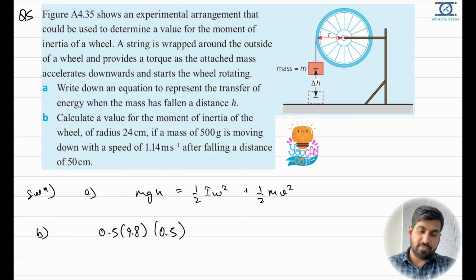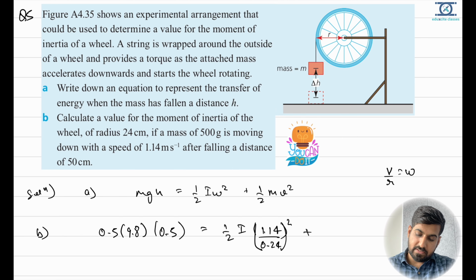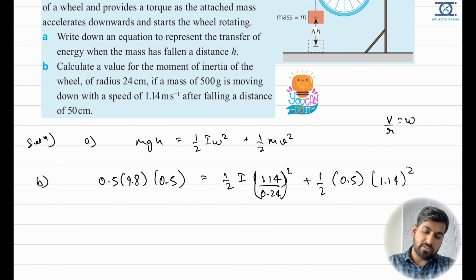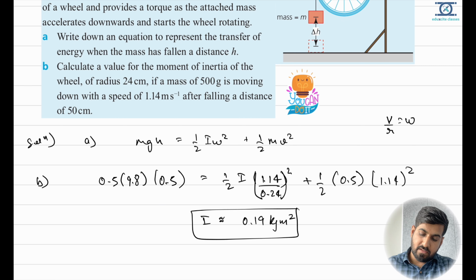So this is the whole square, plus half, mass is 0.5 kg, times v square, which is 1.14 square. Now if you see this equation, only I is unknown. So solving for this I, you will get something around 0.19 kg meter square. Okay, so this will be your answer for B. I hope it is quite clear.